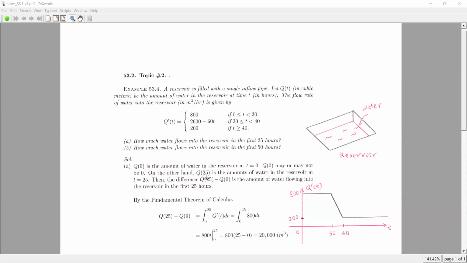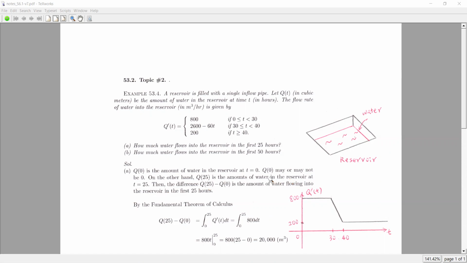On the other hand, Q of 25 is the amount of water in the reservoir at time 25. Then the difference of these two quantities is the amount of water flowing into the reservoir in the first 25 hours. In part A, we need to determine this difference.